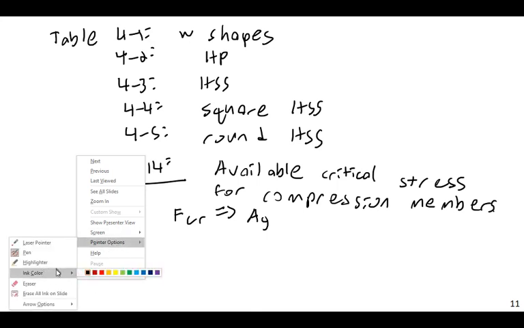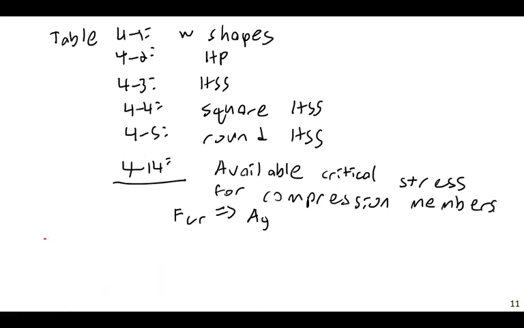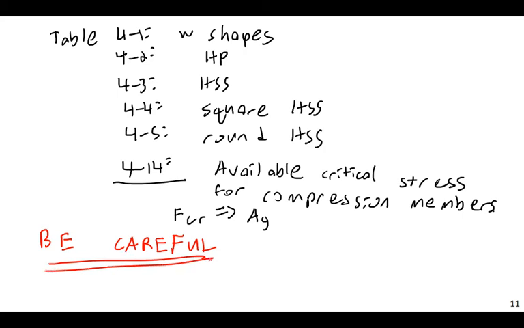However, as always, I feel I need to be careful. I always feel I need to state this when talking about design aids of any type. Be careful. It is very important to only use the table that corresponds to your applicable case. You must be aware of the assumptions present in the design table.